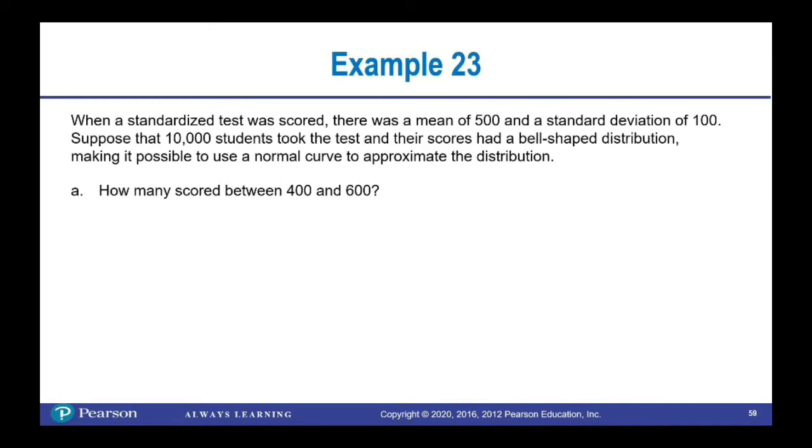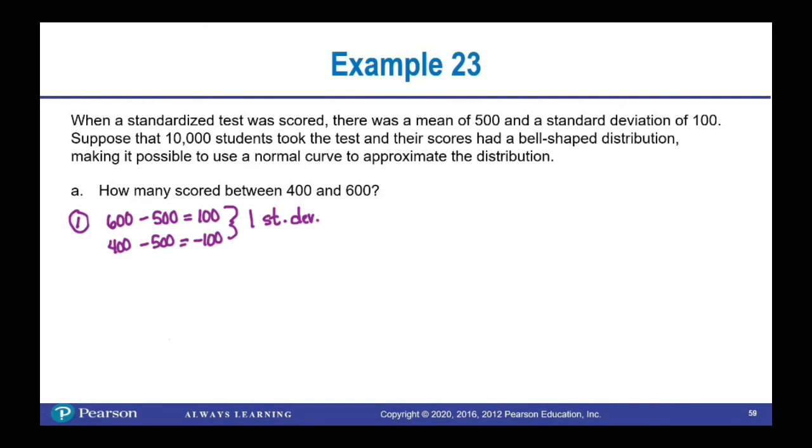First, I need to know how far away from the mean are 400 and 600. So I subtract 600 minus 500 and 400 minus 500. Now notice that both of these are 1 standard deviation, or 100, away from the mean. A positive value is above the mean, and the negative value is below the mean.